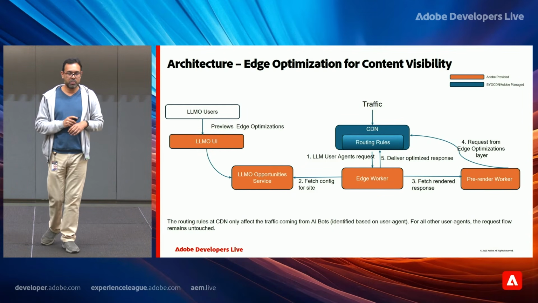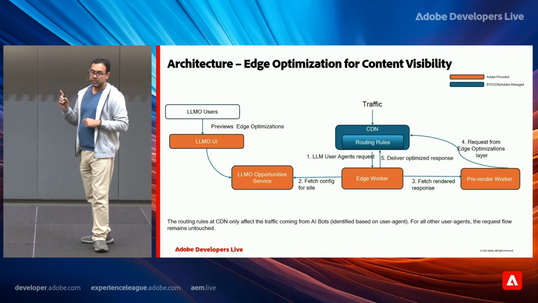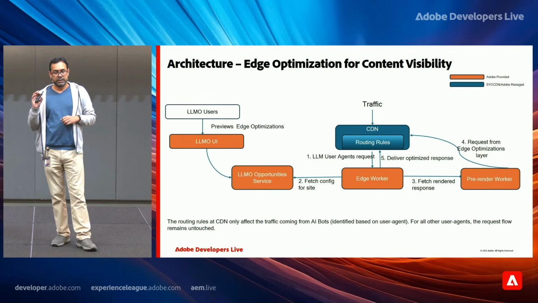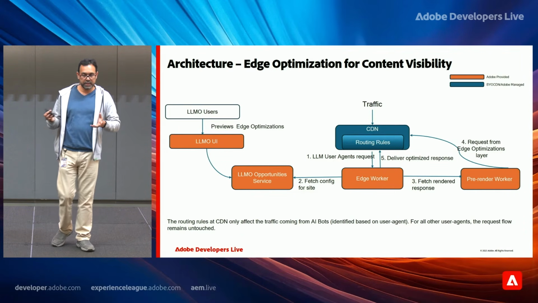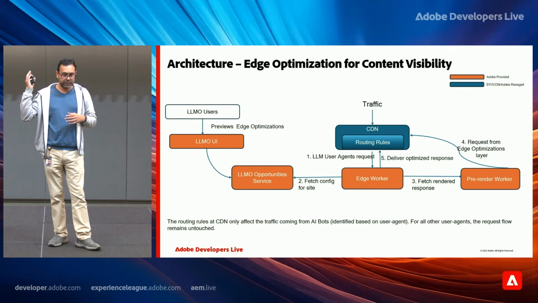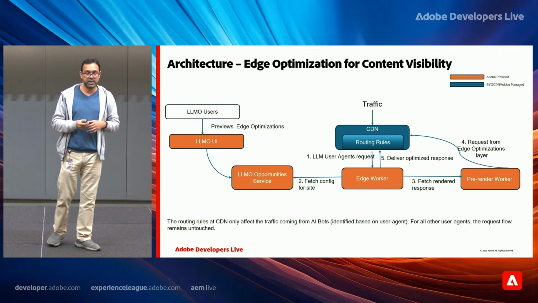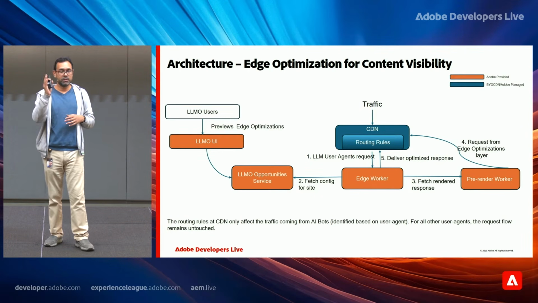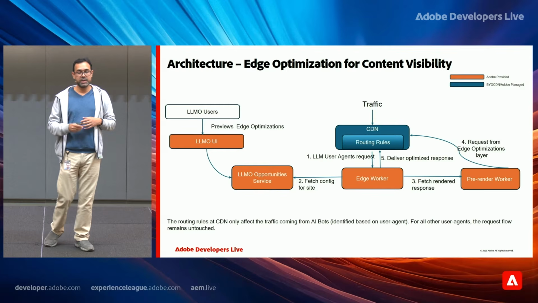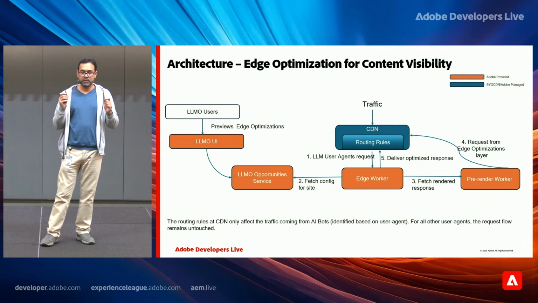If I talk about the architecture of the same flow, this blue part is your existing CDN, and this is the incoming traffic. You have 2 types of requests, users and AI agents like ChatGPT, Perplexity, Claude, and as they are not running JavaScript, for this optimization we'll optimize those requests. In the CDN setup, we want you to configure a one-time routing rule.